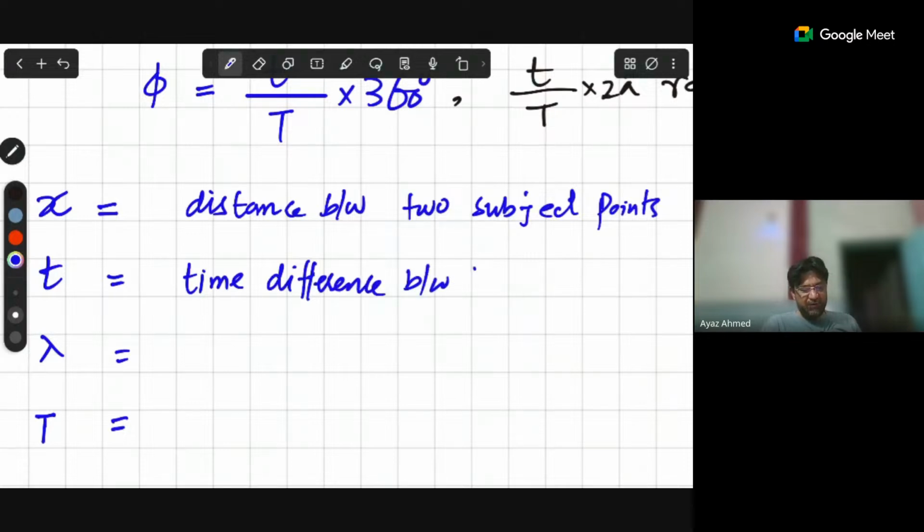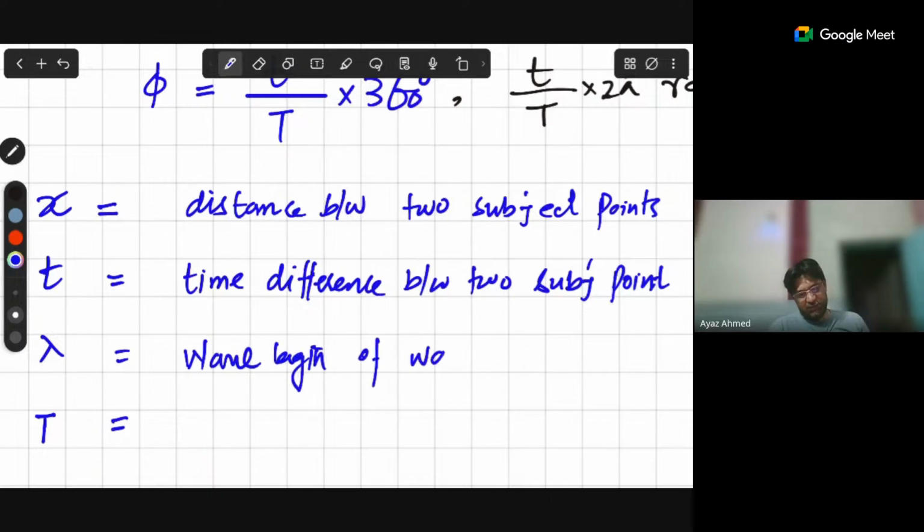Lambda is the wavelength of the waves, because they are monochromatic, so both waves have the same wavelength, and T is the time period of the wave or waves.